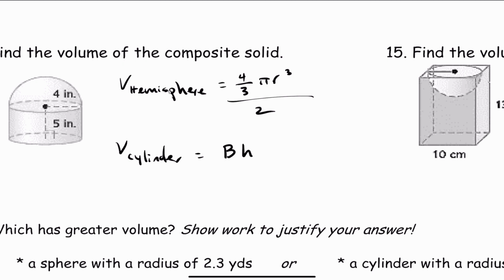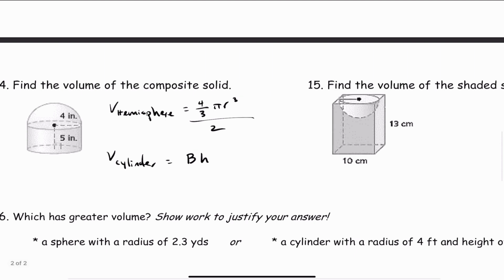So once you figure out the volume of the hemisphere along with the volume of the cylinder, you should add those two volumes together so that you can have the correct answer, the volume of the composite solid here. Okay? So be sure to try that on your own.